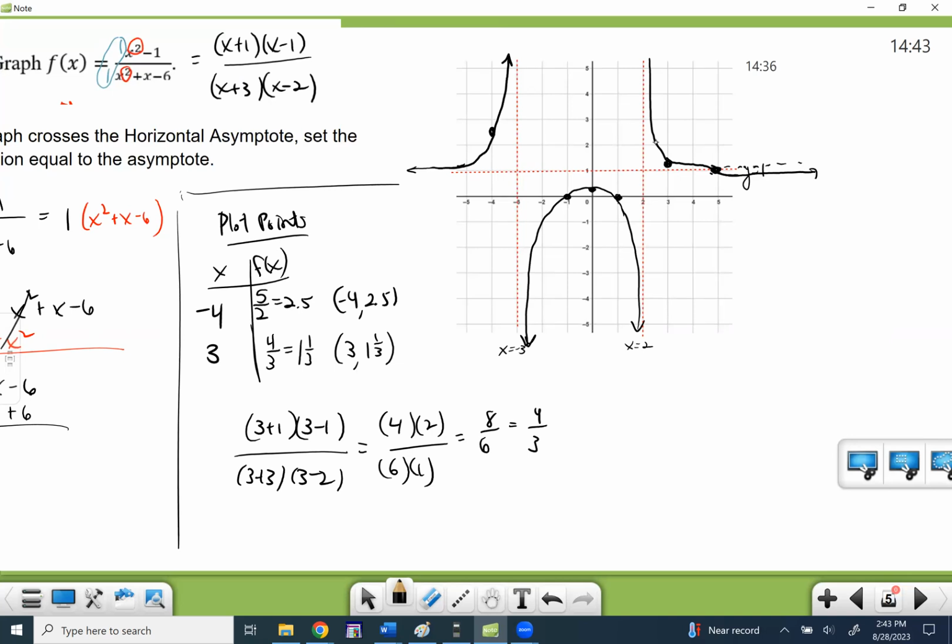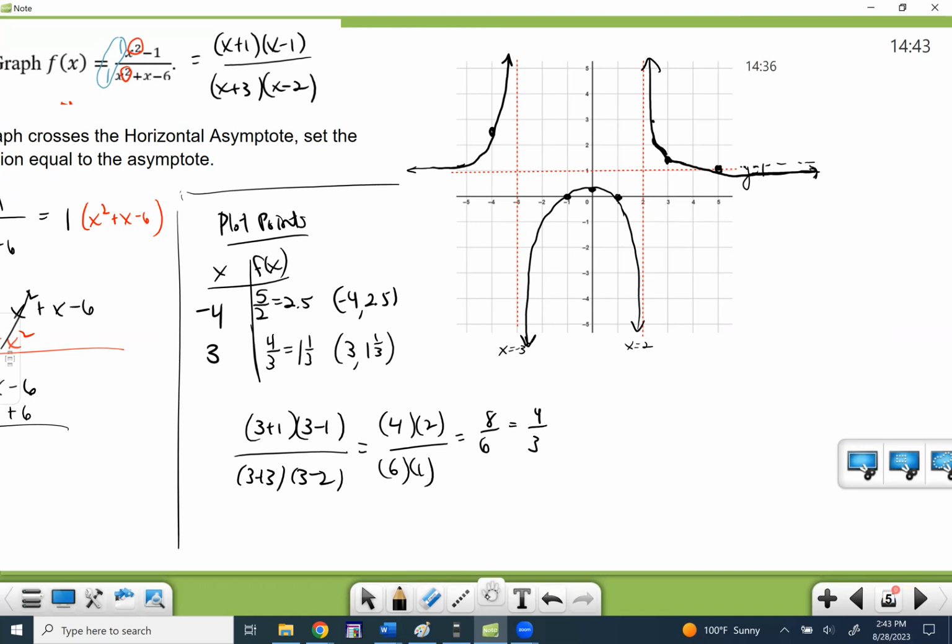I just didn't make the concavity correct here, I'm sure. Really hard with this. I'm already not liking it. There we go. Okay.